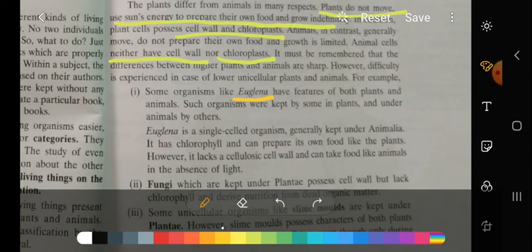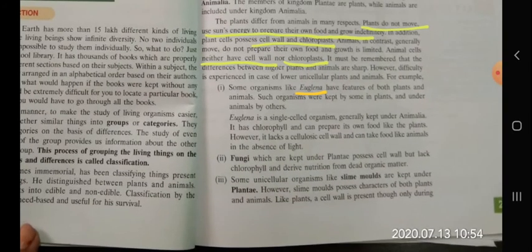However, it lacks a cellulosic cell wall. As compared to other plants, it does not show cellulosic cell wall and can take food in like animals in the absence of light. So, it is a mixture. They possess both the characteristics of plants and animals. So, the scientists were a bit confused.